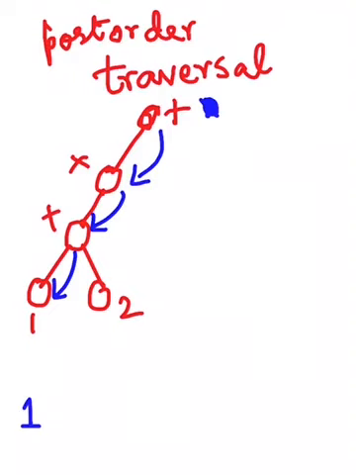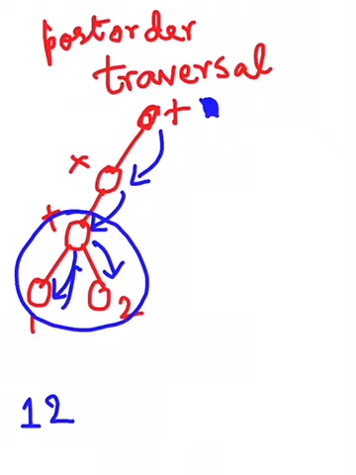And then I have to traverse the right subtree. So I come back and I go down here and print here. And now I have completed the traversal of this entire subtree except for the root node. So what is at the root node? The plus. So hence I print the plus.